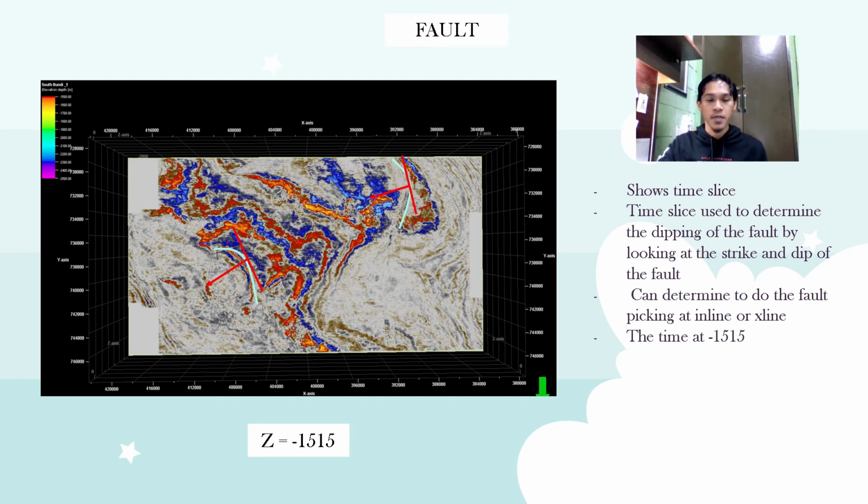As you can see on the slide, the dipping of the fault is close to the inline section. Then we decided to pick at the inline section because the fault will be more visible than when we pick at the crossline. This time slice is shown at z equal to negative 1550.